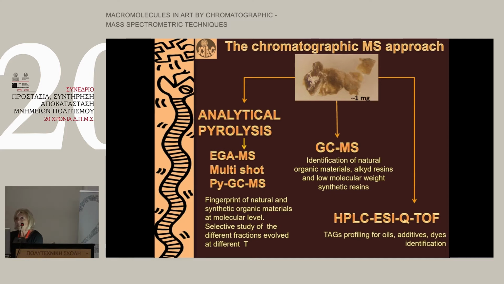After that, I can decide if I want to deepen my knowledge again, and so choose GC-MS or HPLC techniques in order to have more information on the organic material, particularly by GC-MS, with which we can identify simultaneously proteinaceous material together with polysaccharides, resins, glycerolipid materials, pitches, and so on.